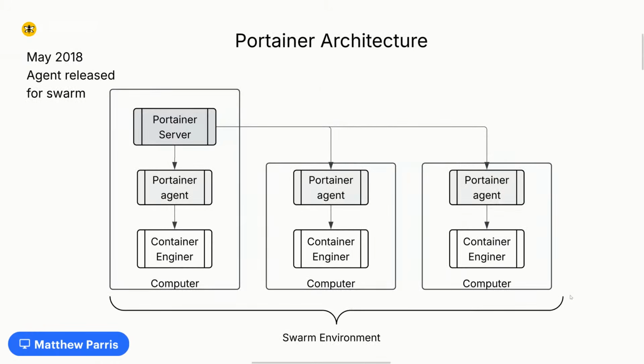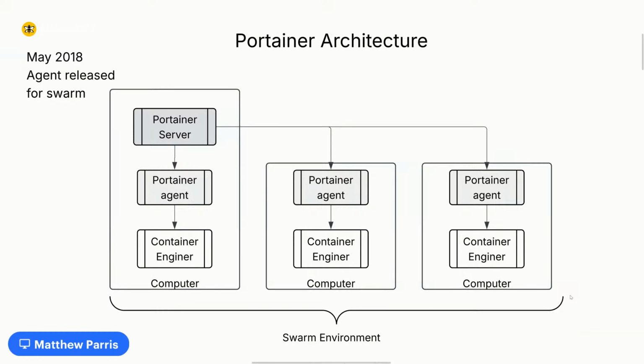So then later in 2018, Portainer released a piece of software that they called the Portainer Agent. And this was really released to help them manage Swarm environments. When you're talking about Docker Swarm, you have multiple computers that are separate bare metal instances, or if you're in a data center, you could have different virtual machines serving as nodes of the Swarm.